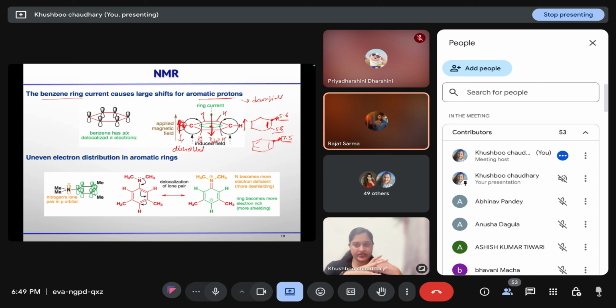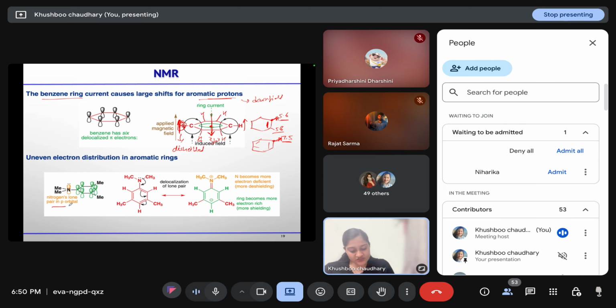Yes, ma'am. Okay. Now, when we attach some groups to the benzene ring, if the electron density on the ring increases, the shielding of that proton will increase. And if we attach an electron withdrawing group, the electron density on the benzene ring will decrease, so the protons will become more deshielded.